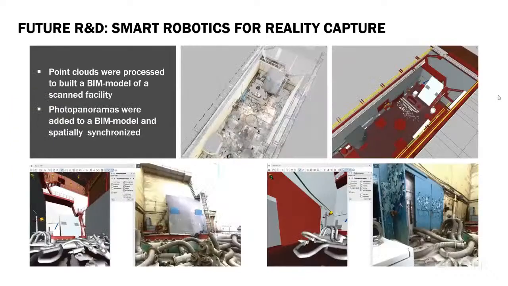Here is the result of our BIM model development. We transform this point cloud into 3D representations and add the physical attributes and radiological measured attributes, and now we have the 3D model synchronized with the photopanoramas. An example you can see in these pictures.